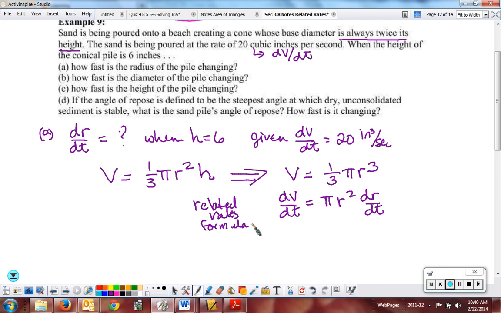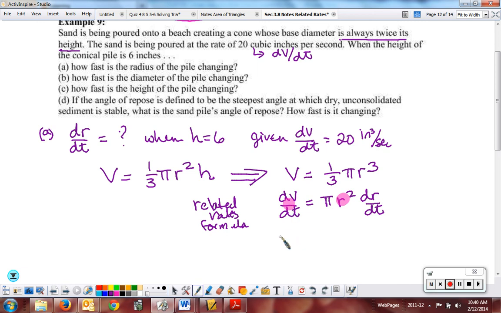Do I know everything I need to plug into this related rates formula? Yes. I know dV/dt. I know r, because that's my instant. What am I looking for? dr/dt. So I have a little algebra to do, but that's fine. I plug before I solve. It's easier, put the numbers in.